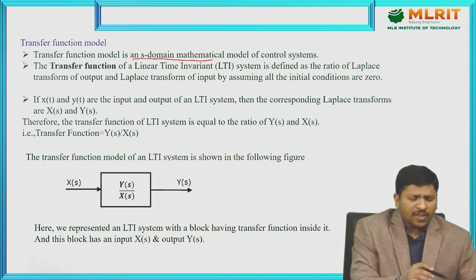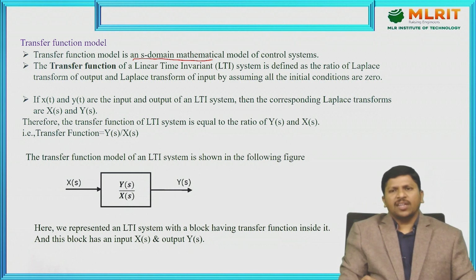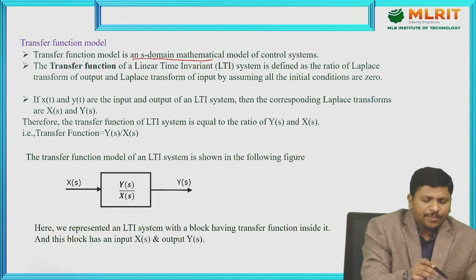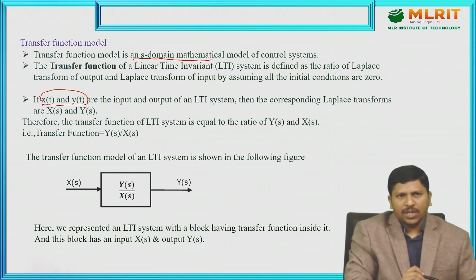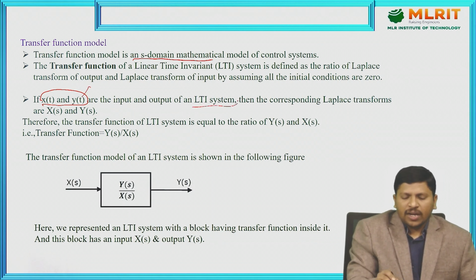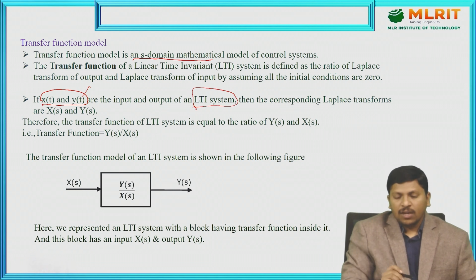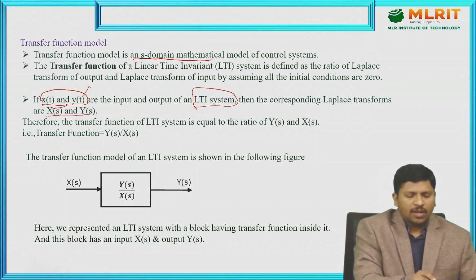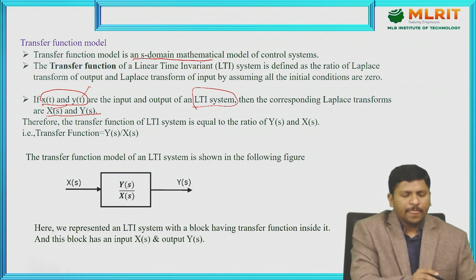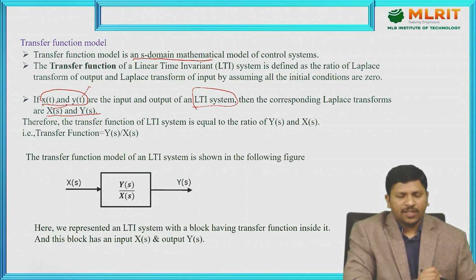Here, just observe, x of t is my input and y of t is my output. Apply them to any LTI system, then we apply the Laplace transform to the input and output. We will get x of s and y of s.